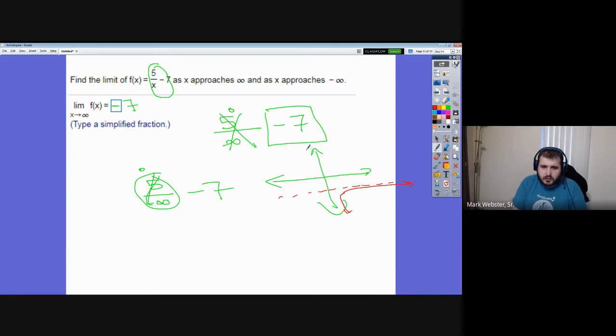As we go to negative infinity, actually, I think that's supposed to be flipped. Is it? No. Yeah, there we go.